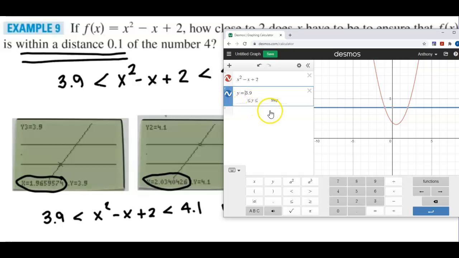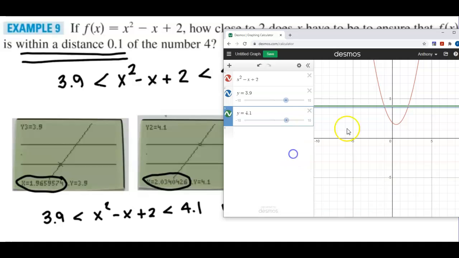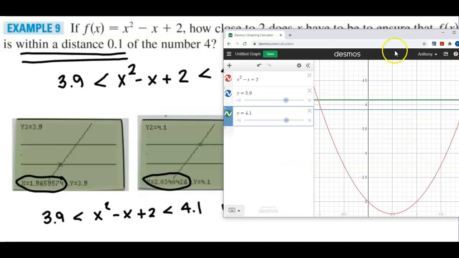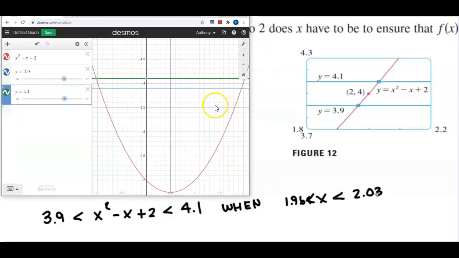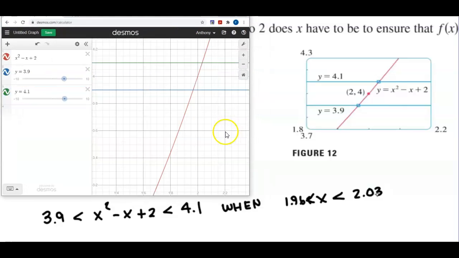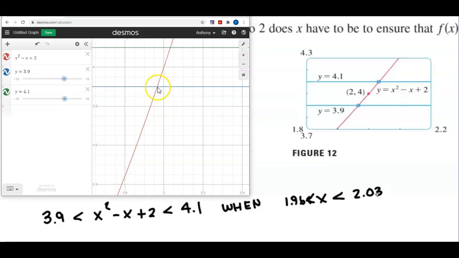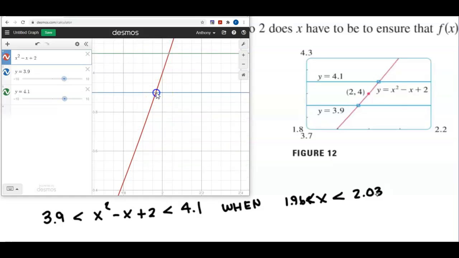And then we also know that y is equal to 4.1. Then we can zoom in a little further. So again, if we look at that point, there's 1.96. And then this point represents 2.033.